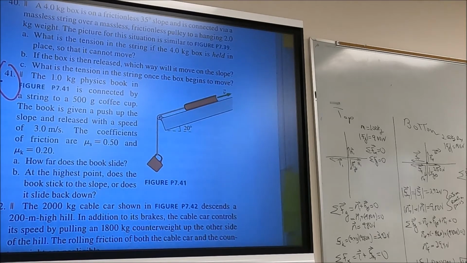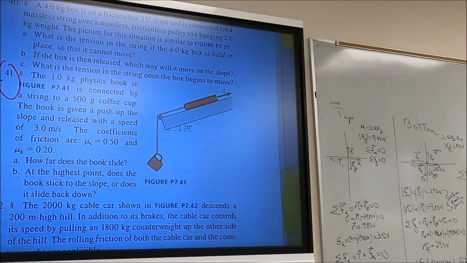You've got a 1 kilogram physics book that is connected by a string to a 5-gram coffee cup. The book is given a push up the slope and released with a speed of 3 meters per second. The coefficient of friction, static, is 0.5 and kinetic is 0.2. How far does the book slide? Okay, so we're going to attack part A first. How far does the book slide?